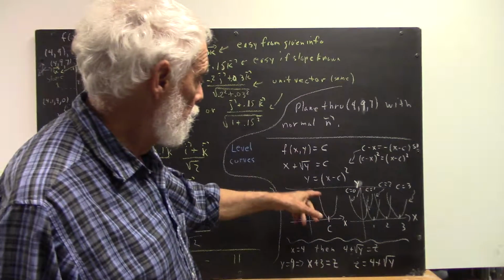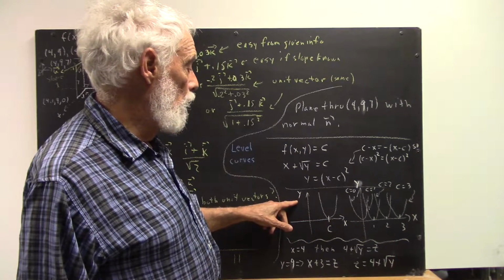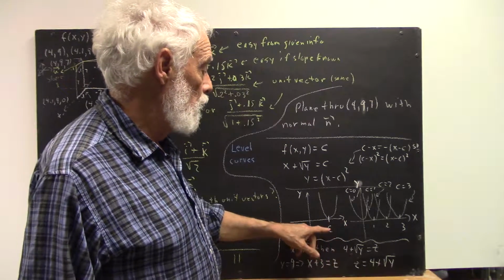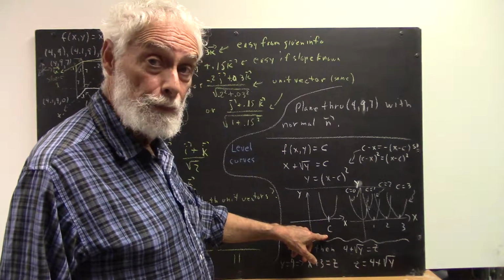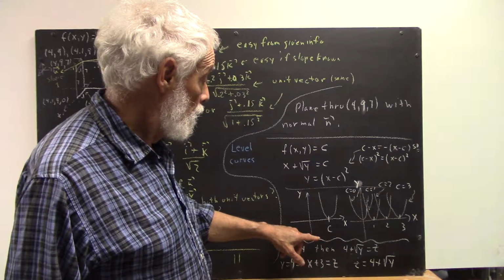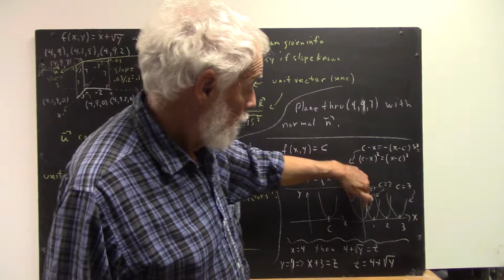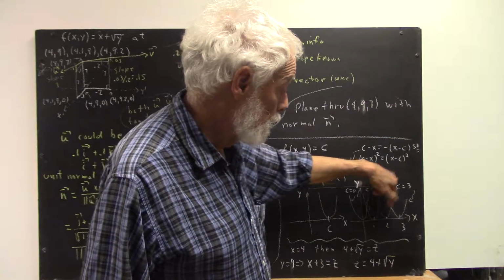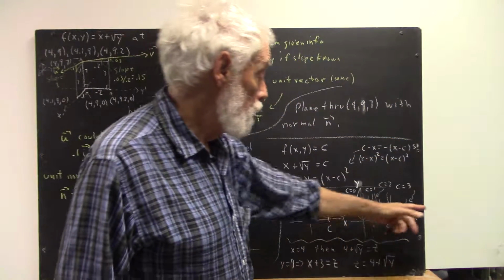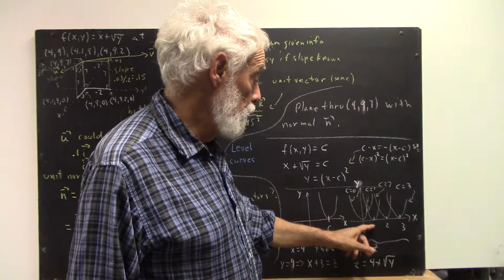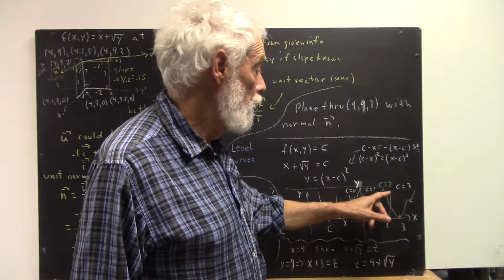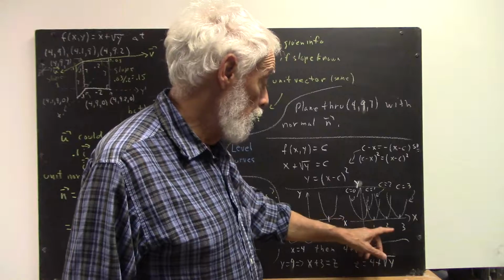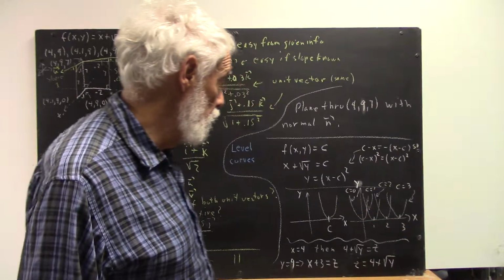So a typical graph would be y versus x with the vertex at x equals c. Then the curves for c equals 0, 1, 2, 3 would march across the x-axis like this. c equals 1 would have vertex at x equals 1. The c equals 2 curve would have vertex at x equals 2, and so forth.